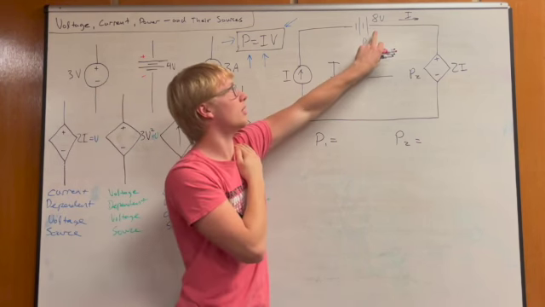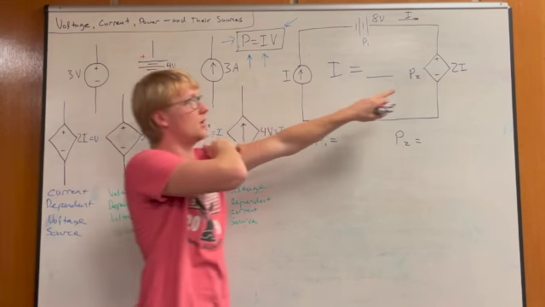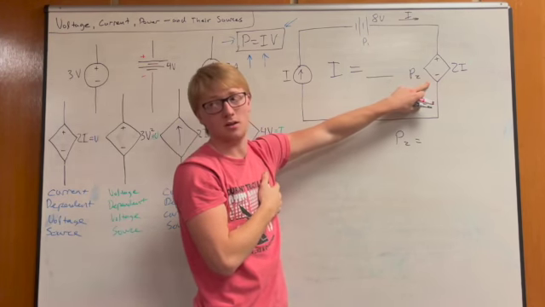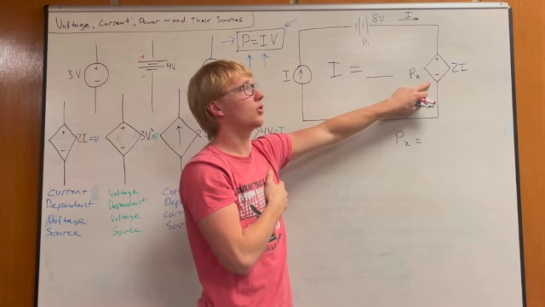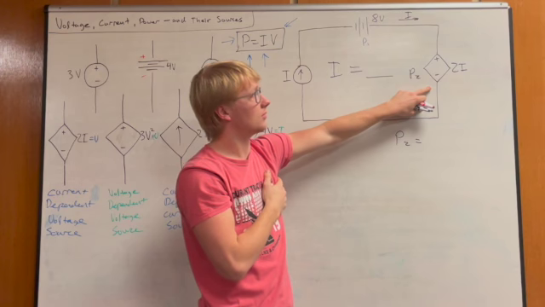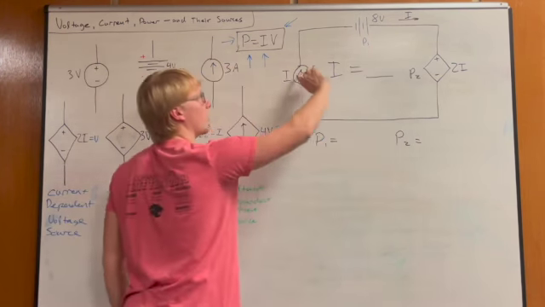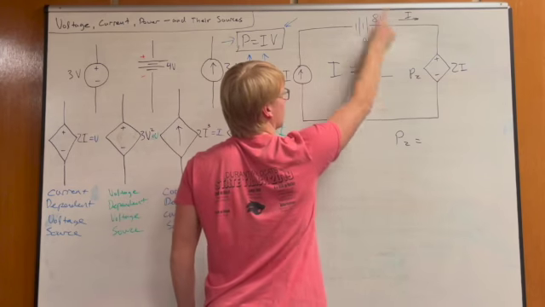This is a battery, an independent voltage source. And this is a current dependent voltage source, and there's current from that being applied over there.